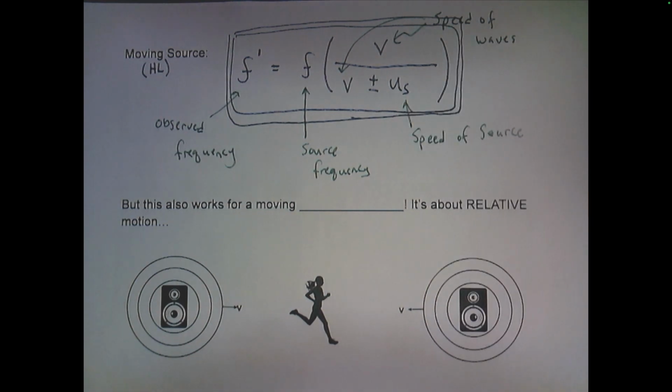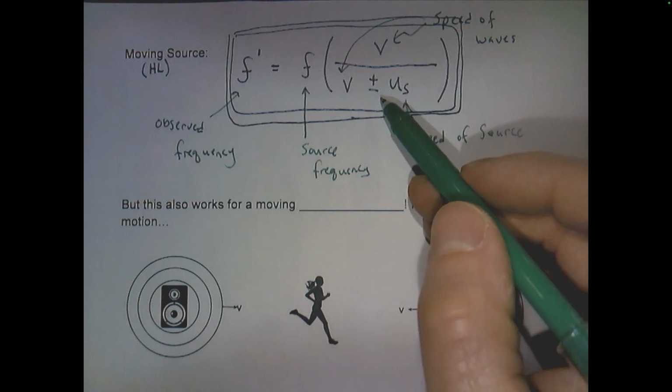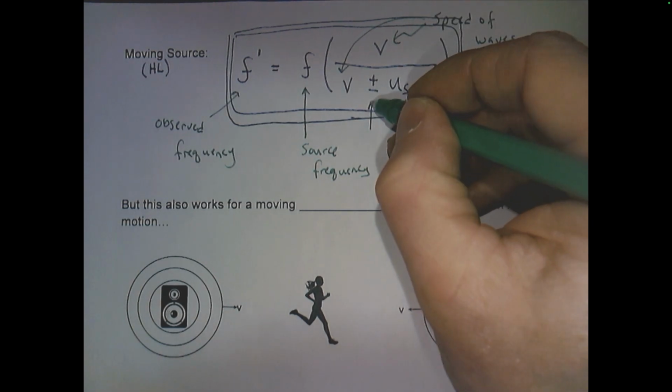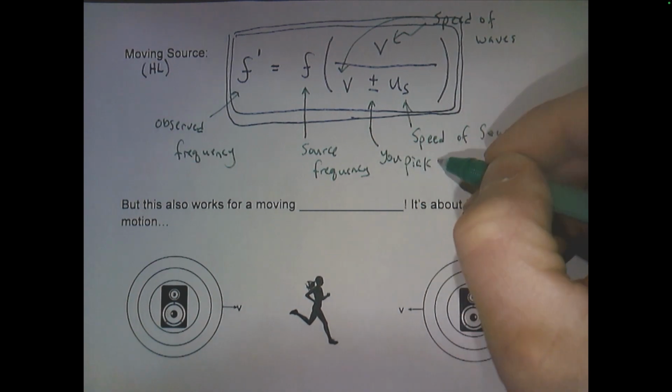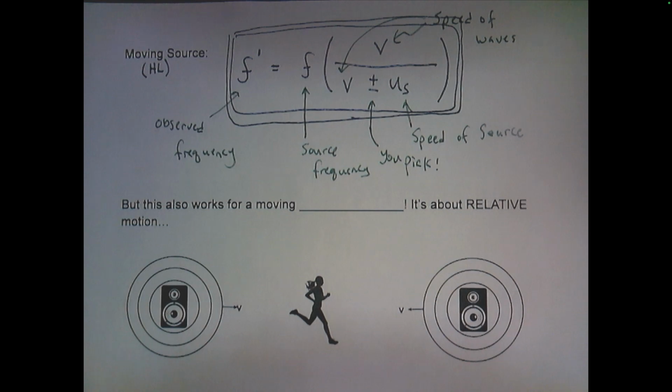Okay. Now, what's funny about this equation and the way they write this on the IB is that this equation can be used for both the case of the source moving towards you or away from you. Okay. And you have to decide whether it's plus or minus. You pick. And it's going to depend on whether the frequency should be getting higher or should be getting lower.